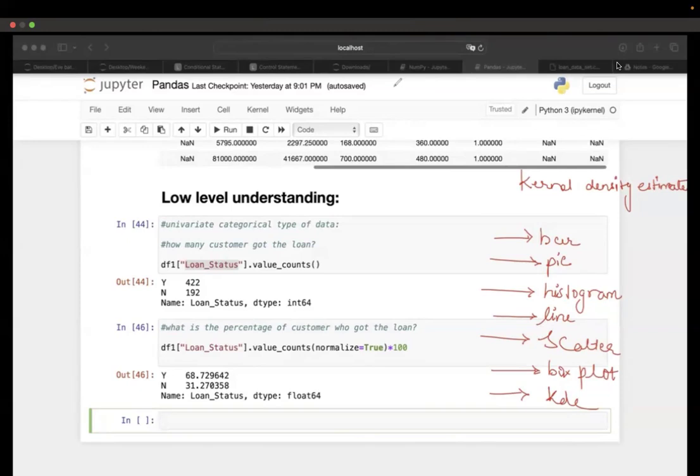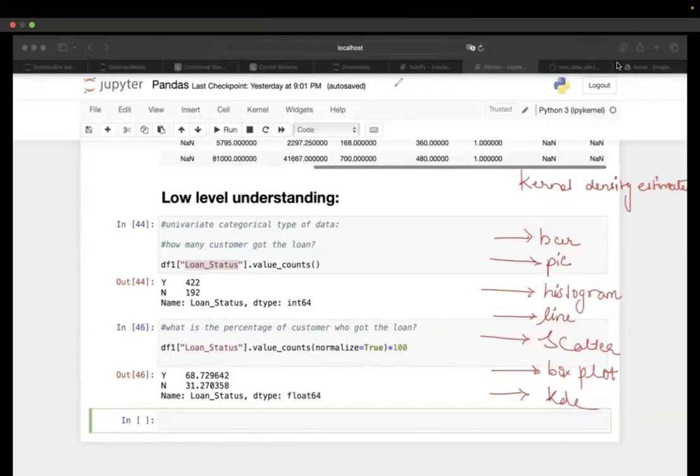That is what people fail to understand. According to your understanding of the data set, low level understanding, univariate, bivariate, multivariate, we are going to create graphs to let you know in what condition what type of graphs are suitable.